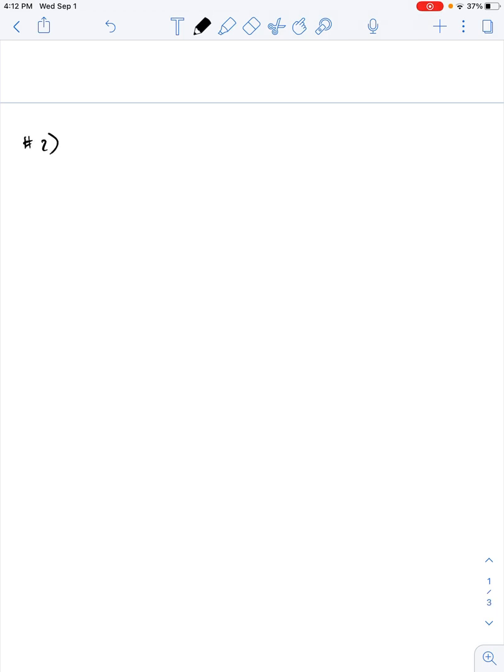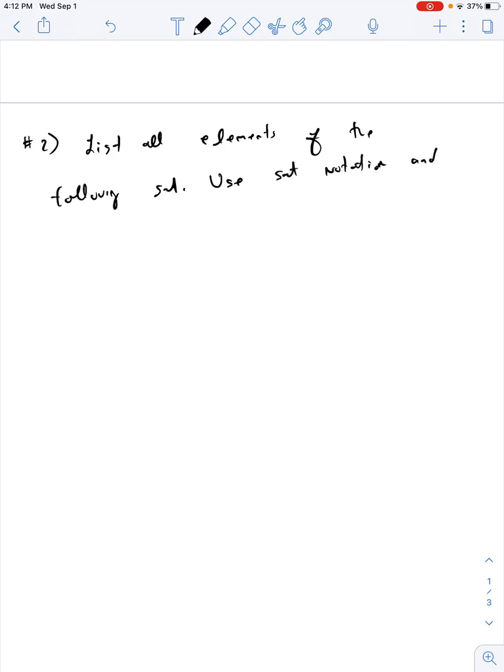Number 2, list all elements of the following set. Once again, use set notation and the listing method.